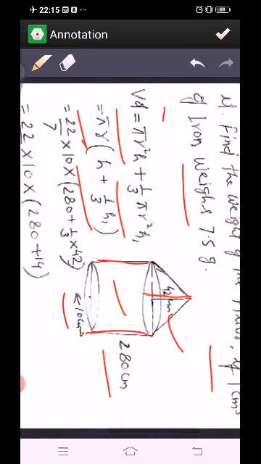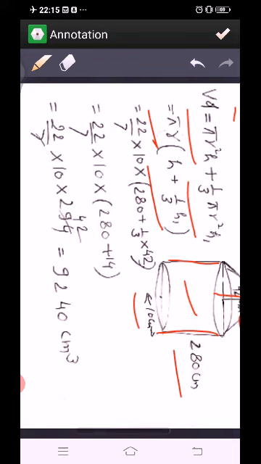So we can put the values of pi 22 upon 7, r 10, h, that is height of cylinder, that is 280, plus 1 by 3 h1, that is 42 height of cone. So on solving this all we can get its volume is 9240 centimeter cube. This will be the volume of this figure.